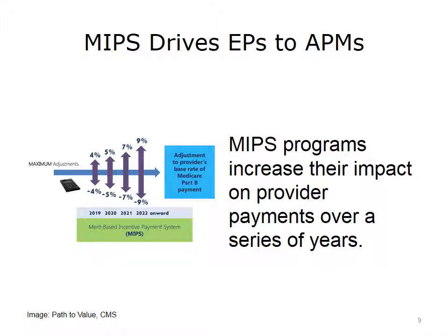This composite performance score determines the amount of adjustment to a provider's base rate of Medicare Part B payment. For 2019, CMS set the maximum amount of adjustment from MIPS to 4%. As the image on this slide shows, the percentage of the adjustment amount increases over time, reaching a maximum of 9% by 2022 in the proposed rule.